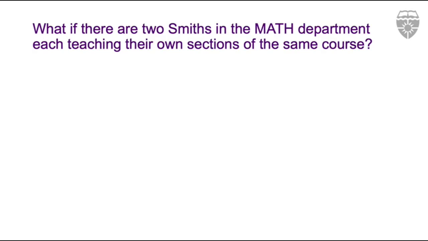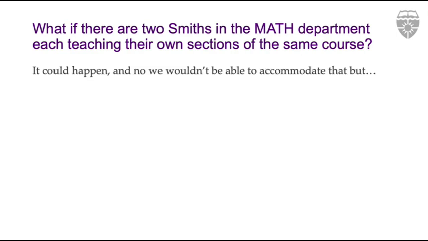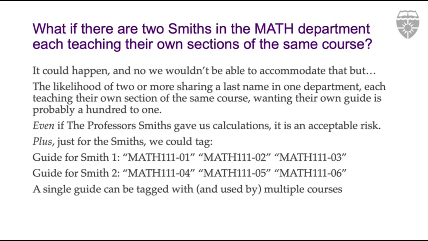There are always these what-if questions, especially if you work with kids. What if there are 2 Smiths in the math department? Well, it doesn't take a math major to know that the possibility is probably astronomical. The likelihood is probably very low, but even if they want a different thing, it can be accommodated.